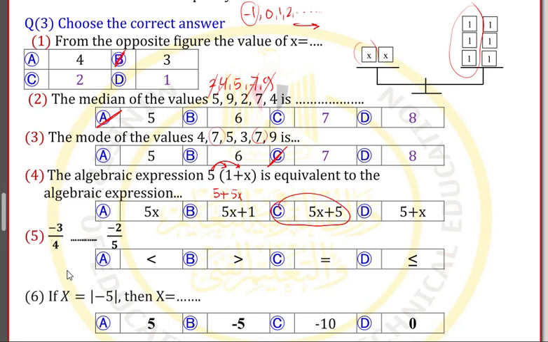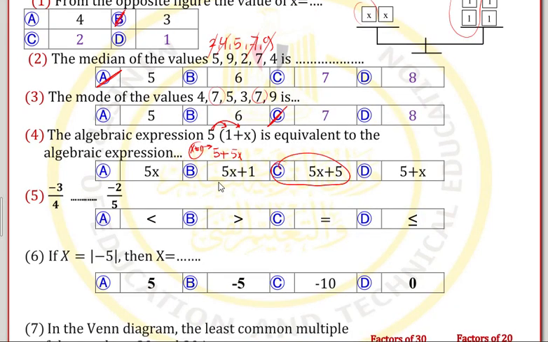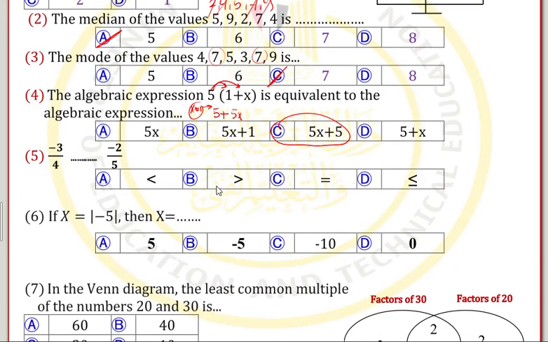Letter C. Or you can substitute x equal to 1 in the example and in all the choices, and also try other values of x. The choice which matches the question is the answer. This way we learned it together, and the second way, which I solved first, we also covered. So try to solve it by your own method.